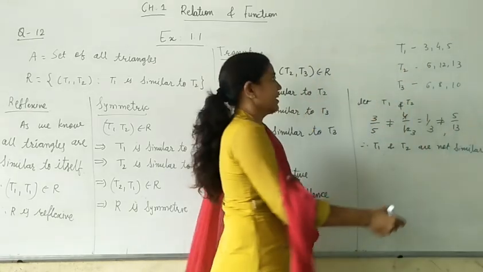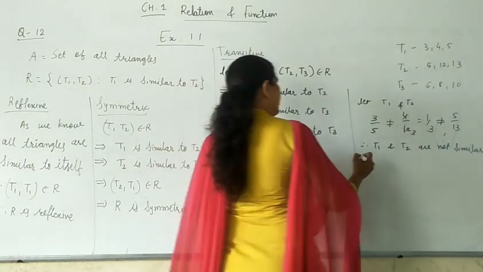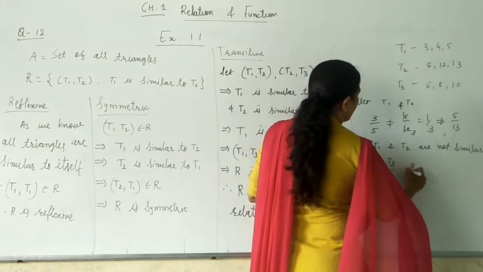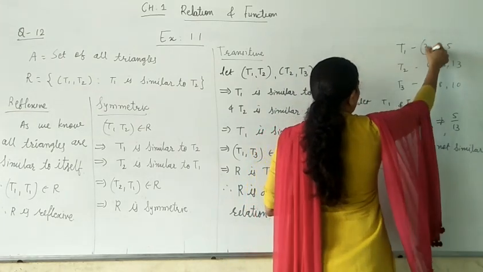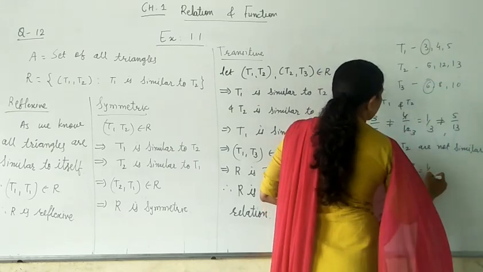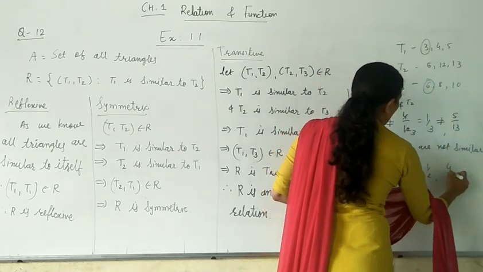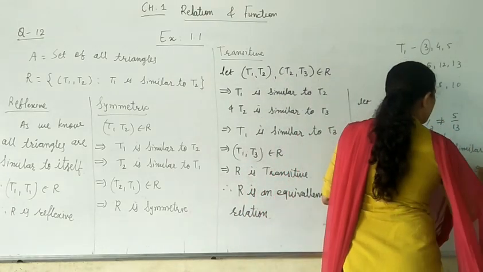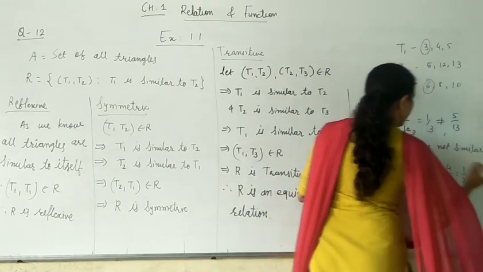So let me check T1 and T3. For T1 and T3, we have 3 upon 6, which is 1 by 2. Then 4 upon 8, 1 by 2. 5 upon 10, 1 by 2.